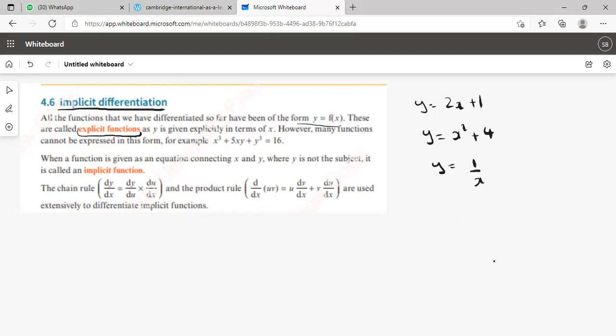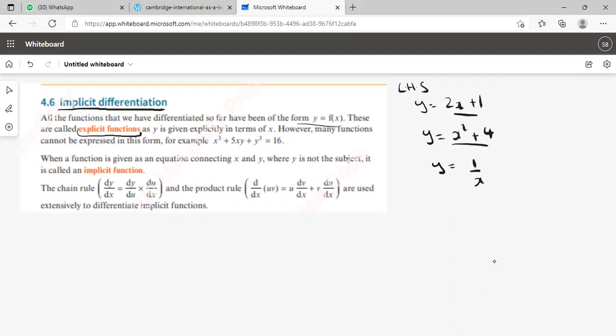All the functions where you can make y the subject, where you only have y at the left hand side, are basically the explicit functions, because in these cases you have explicitly expressed y in terms of x.